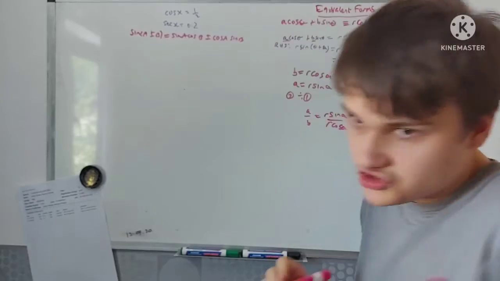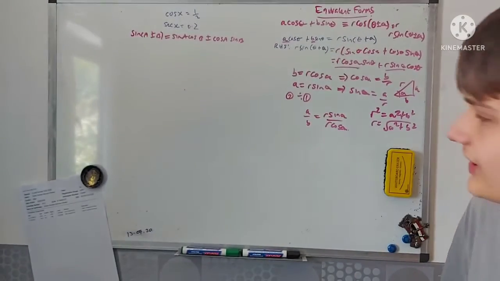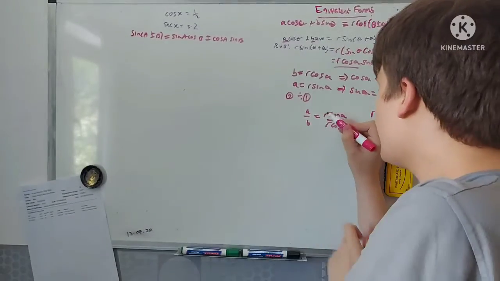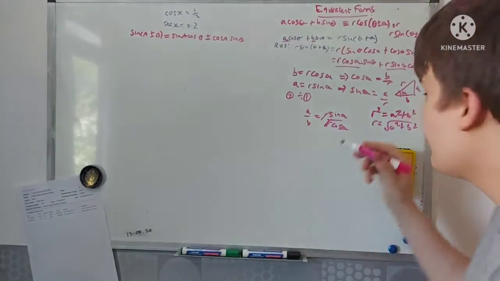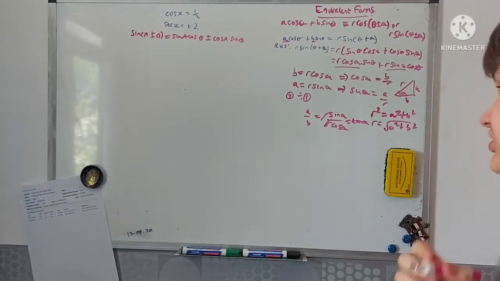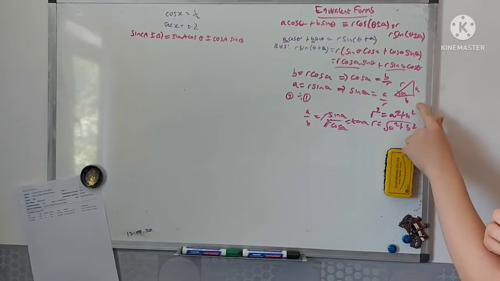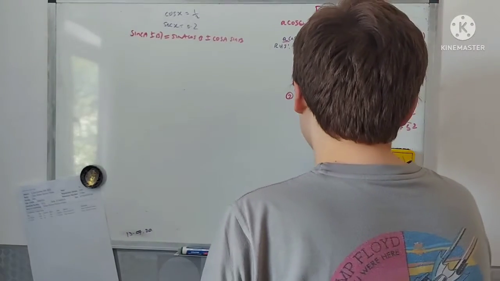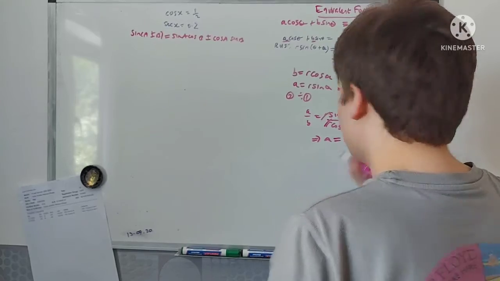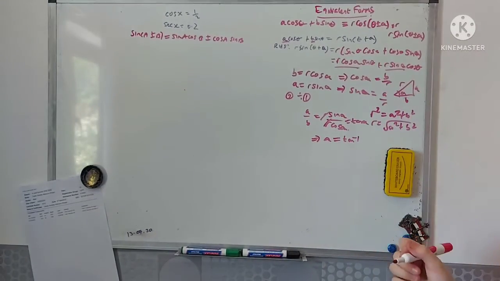Now, I know a trig identity with tan and sine theta over cos theta. Our r's cancel each other out, and this is just tan of the angle, which you would expect anyway from the diagram. So the angle that we want will just be the inverse tan of a divided by b.